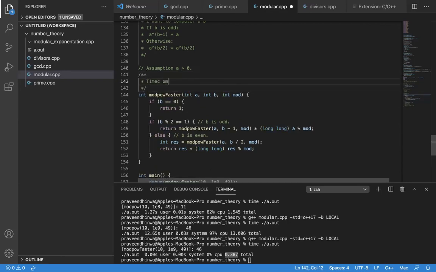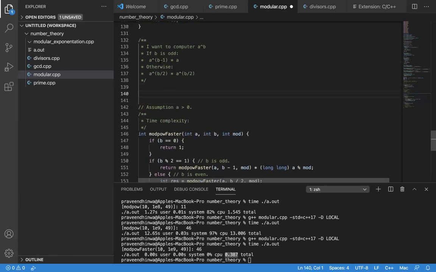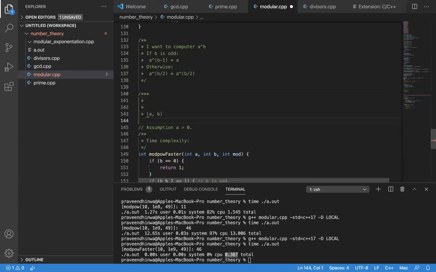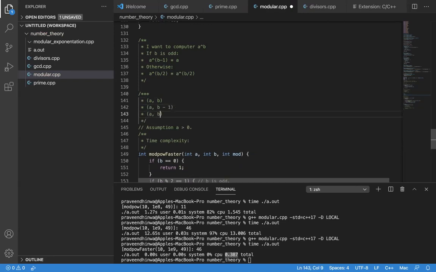So what will be its time complexity? Initially you have some a comma b. Then if b is odd, you will make it b minus 1. Then you will divide it by 2.